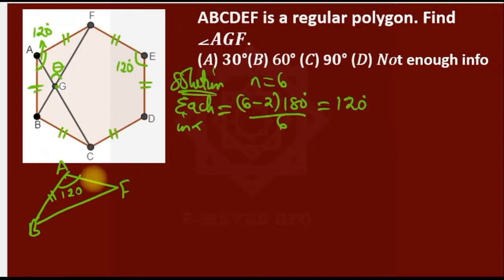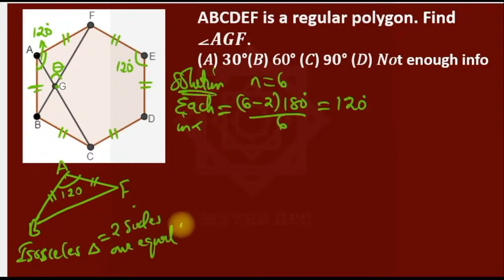So what's the name of this triangle? We have an isosceles triangle. An isosceles triangle means two sides are equal or congruent. If you don't call it equal, you call it congruent.